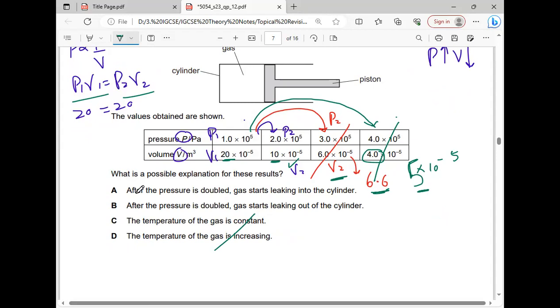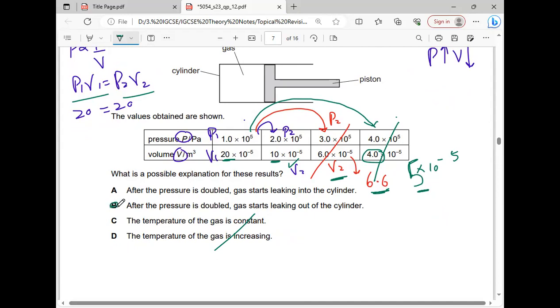Now out of this, after the pressure is doubled, gas starts leaking into the cylinder. If gas starts leaking into the cylinder, then volume has to be increased for this option as well. But the volume has decreased. Now why?